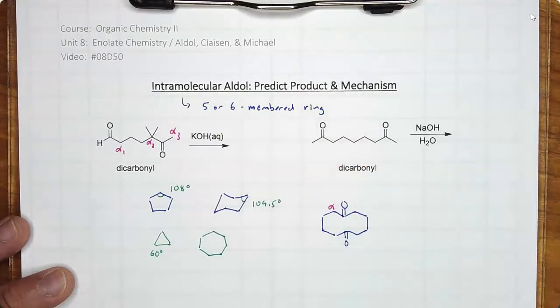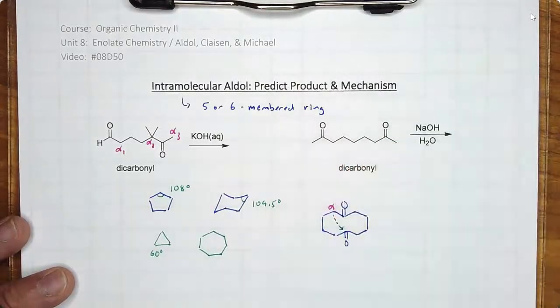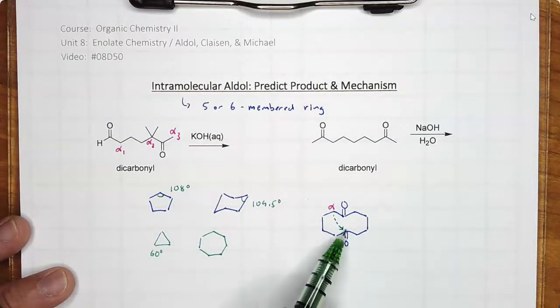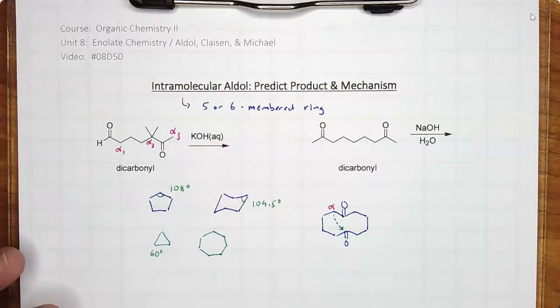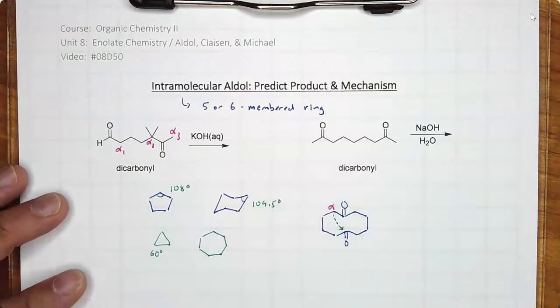So if we have this alpha carbon and you close the ring this way, you see that we're able to get 2 rings. One that is 1, 2, 3, 4, 5, and one that is 1, 2, 3, 4, 5, 6, 7. And there's a good chance that will happen. I can't believe I went to this example before even showing you the more simple examples up here.